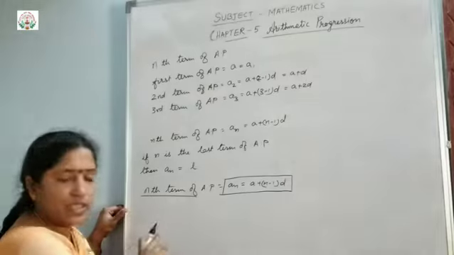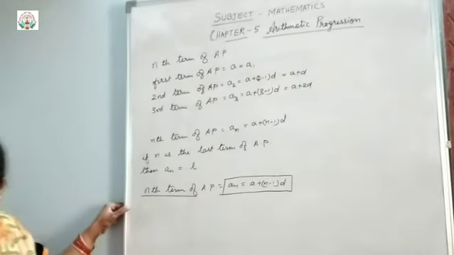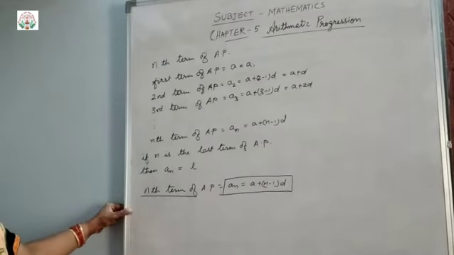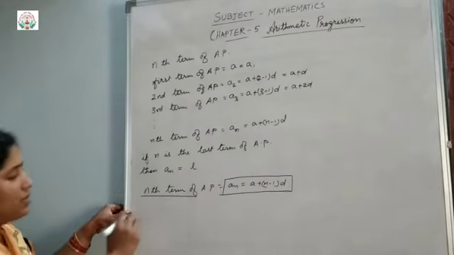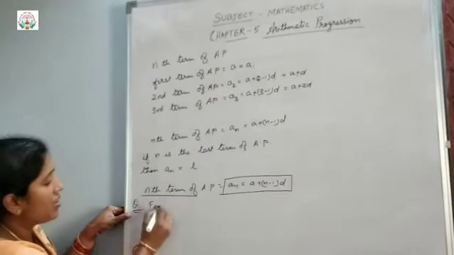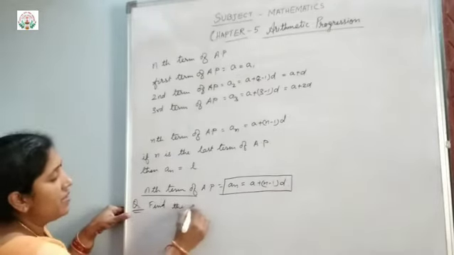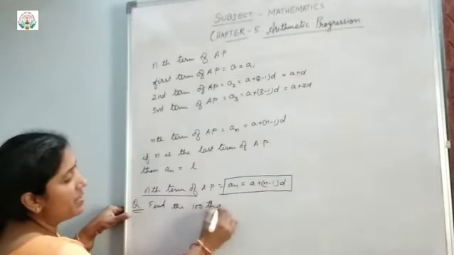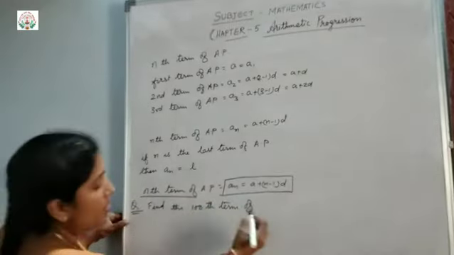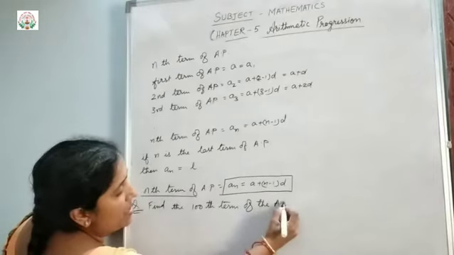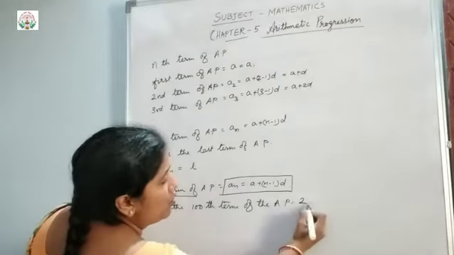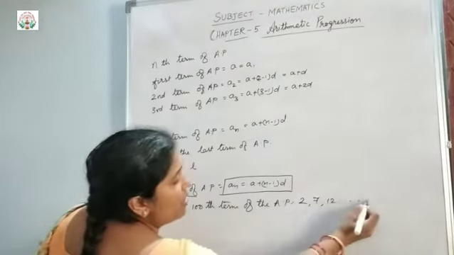Now let us deal with one of the questions of your 5.2. The question is: find the 100th term of the AP 2, 7, 12 and so on.